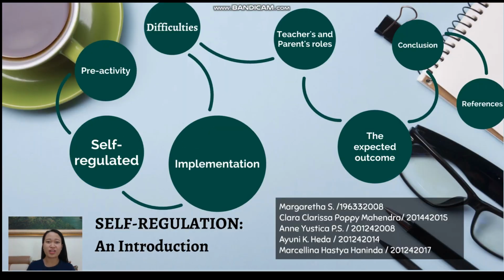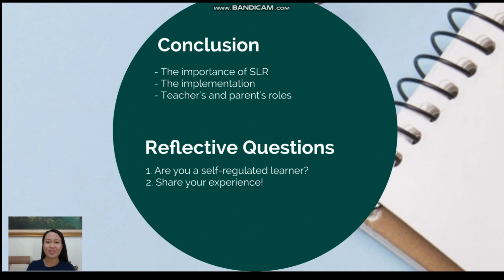Okay guys, for the conclusion, there are three conclusions. The first one is the importance of self-regulated learning. Our students can control their learning process to achieve their goals. They are able to plan, monitor, and evaluate their learning. The second one is the implementation of self-regulated learning: five essential academic skills, such as studying time, text material, note-taking, examination and writing.